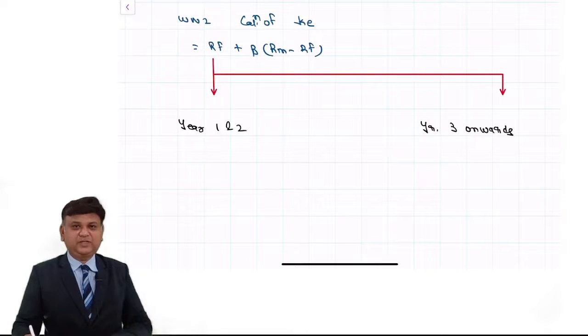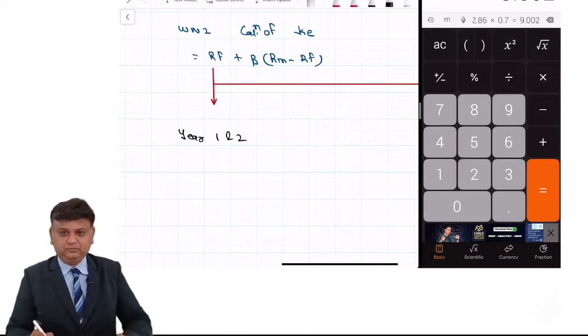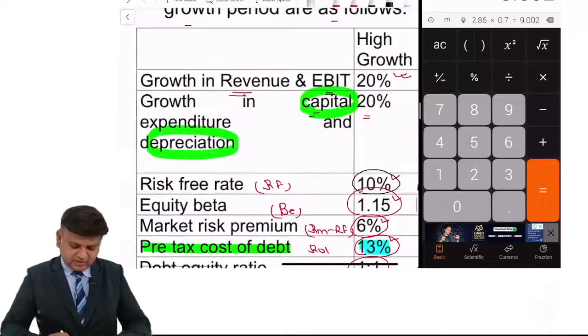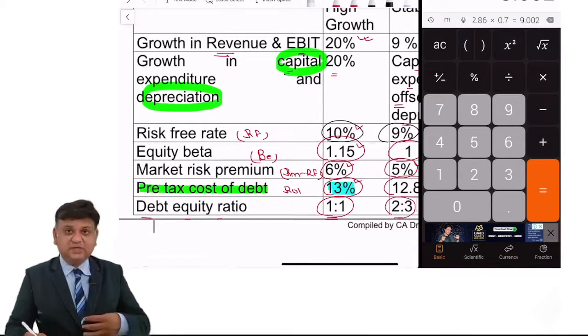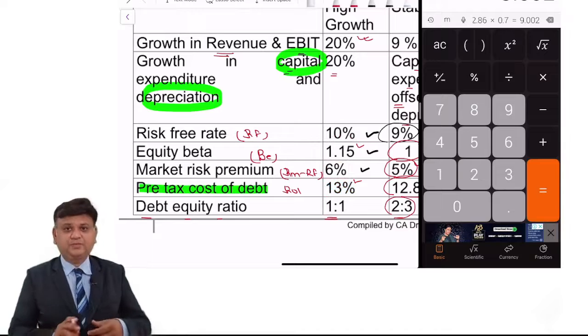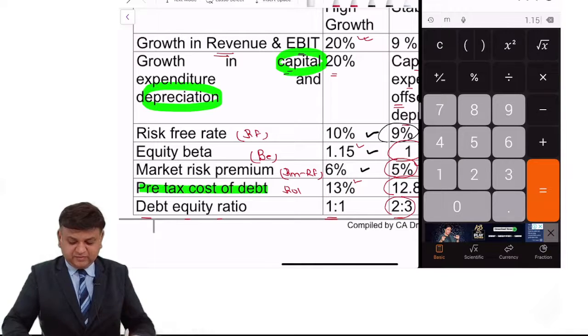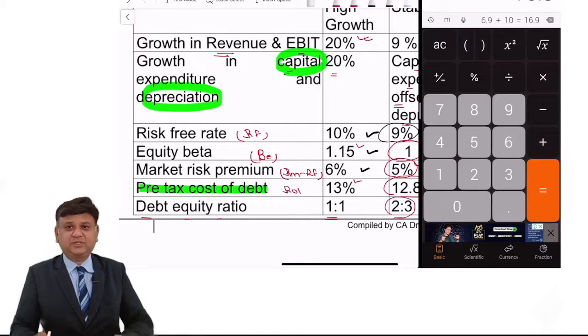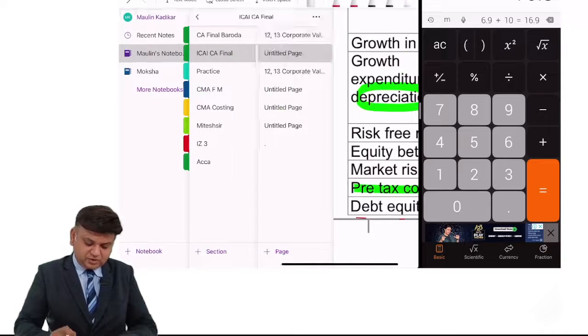That is where the cost of equity is found. Now for first and second year, we have to use this information which they have provided to us. One is the risk-free rate of return, that is 10%. Then beta is 1.15, and market risk premium is 6%. This information is going to be used. So the beta is 1.15 into RM minus RF is 6. The product of both of them is 6.9 plus risk-free rate of return is 10. That comes to 16.9%. That is the way we can compute the cost of equity.